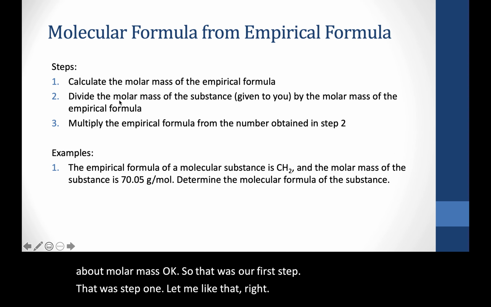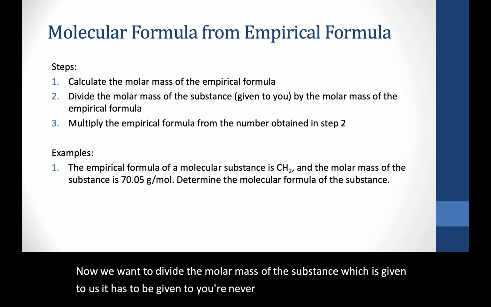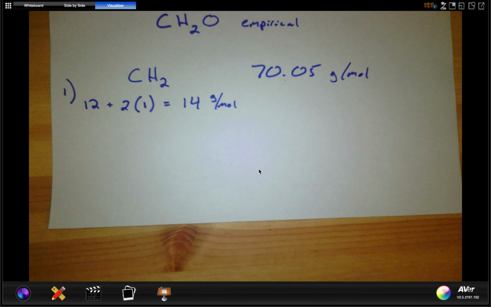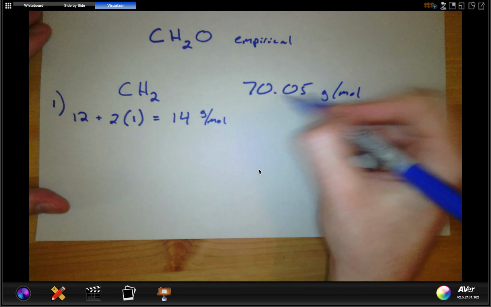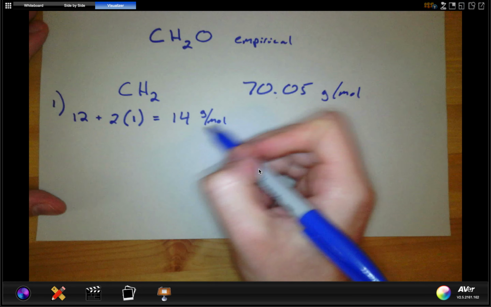Now we want to divide the molar mass of the substance, which is given to us. It has to be given to you. You're never going to know the actual molar mass of the substance. We divide it by the number we just came up with, the molar mass of the empirical formula. So this was given to us, this is the molar mass of the substance, and this is the molar mass of the empirical formula.